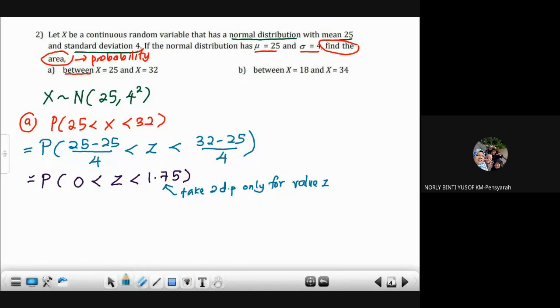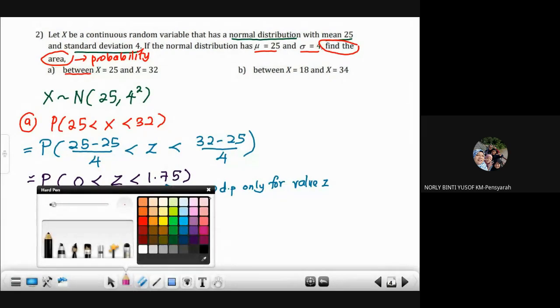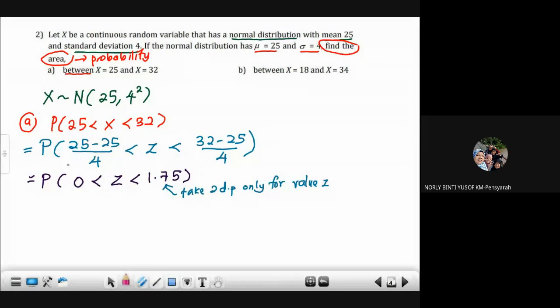Okay. So dah dapat nilai tu. And then now, ini kita dah belajar masa 7.1 lah. So sebelum you tahu nilai ni, you boleh lukis the normal shape. Okay. So you ada 0, score Z you 0 tengah-tengah dengan 1.75.